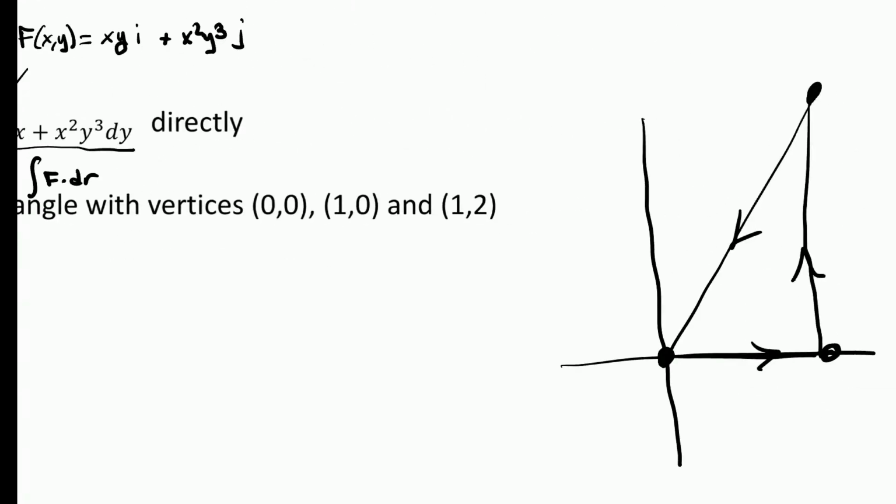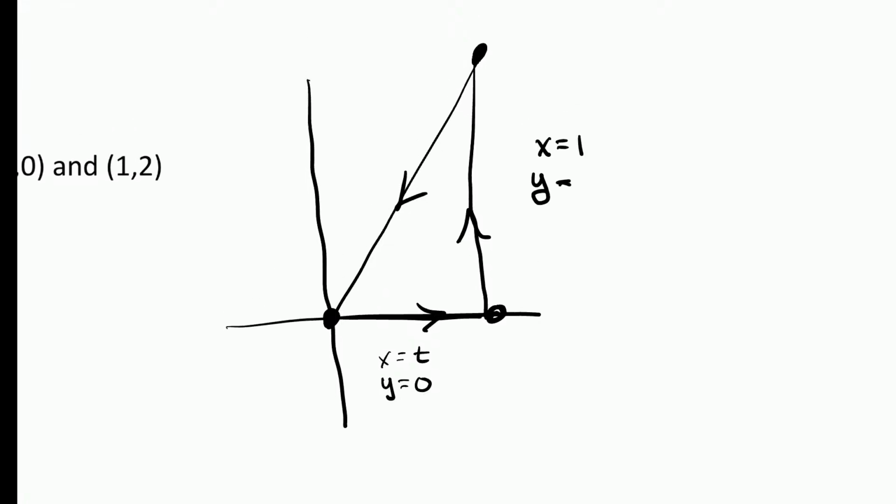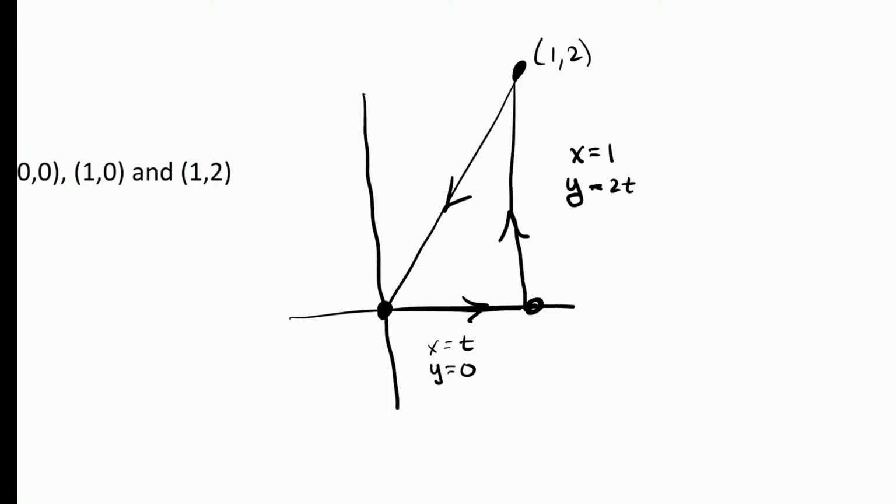Okay, so getting back to this, let's see if we can identify these 3 lines, because we're going to have to do 3 integrals, but these are nice simple lines. The first one, we have x is equal to t and y is equal to 0. Now this next one is x is equal to 1 and y is equal to, wait, what point is that? (1, 2)? y is equal to 2t. Each one of these, we're going to have t range from 0 to 1.